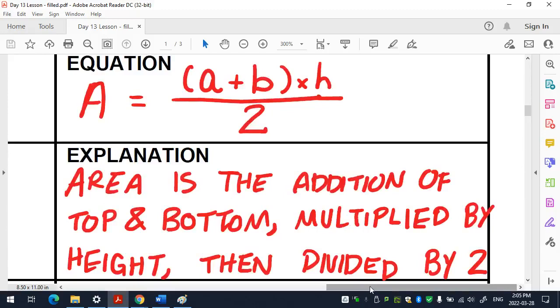Let's look at it and try to understand it. Apparently, what's the first thing you do? Come on, with me. You add A and B, and you're done with the addition. What happens next? You multiply whatever you got when you added, you multiply by the height.